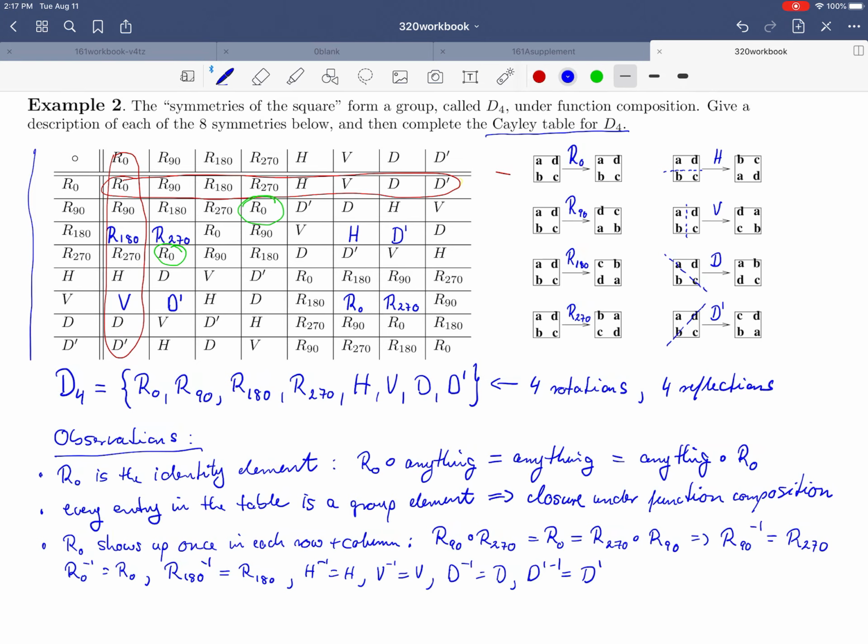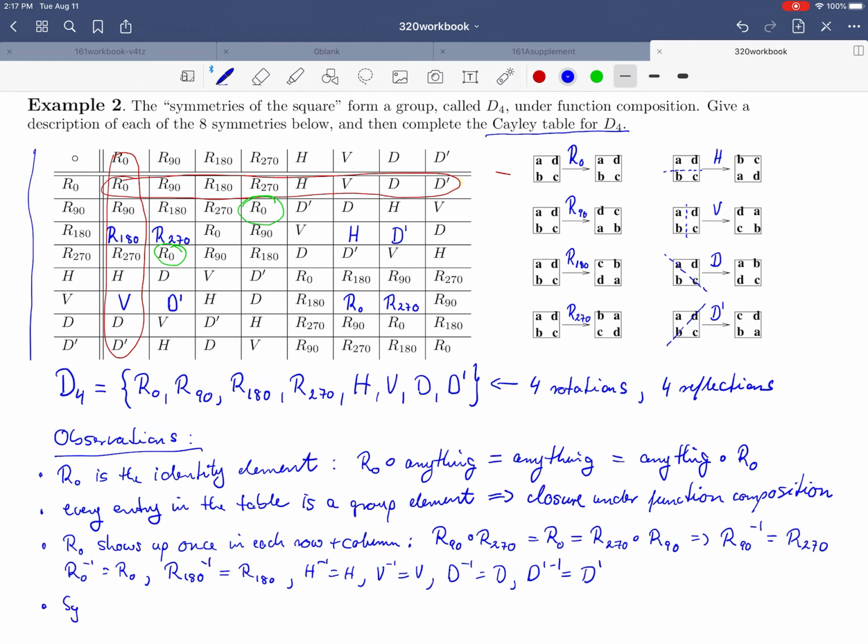Actually, these are all our group defining properties of our group. We haven't talked about associativity because associativity is not that easy to see, and we'll see in some other examples how we're going to deal with associativity. But one other thing that we can see right here that I want to point out is, is our table symmetric?